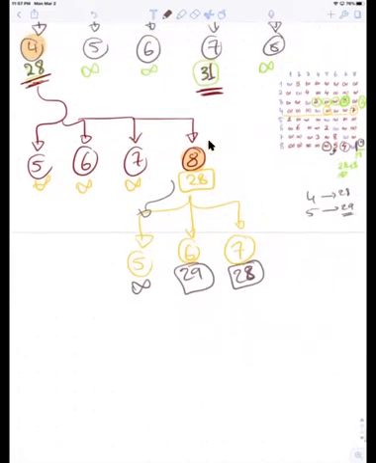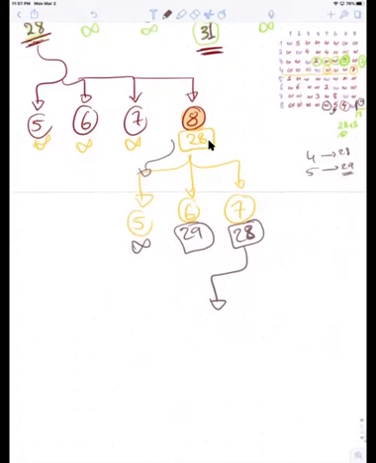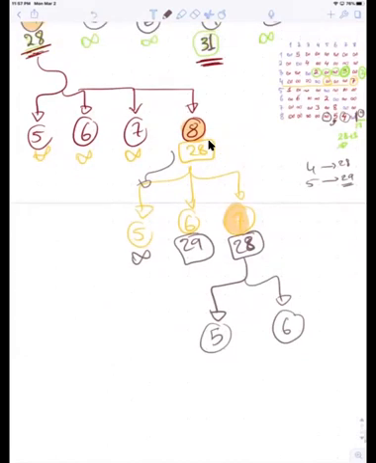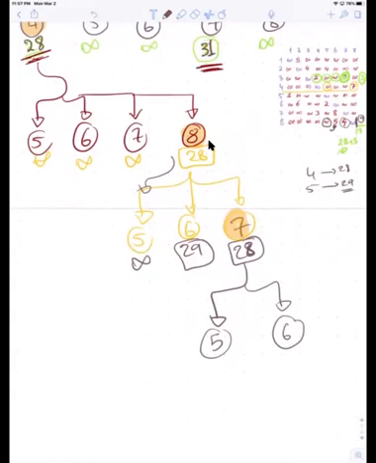Okay, since I'm using best first, I will go explore this one first. Now from 7, I can go to 5 or 6. Now from 7 to 5, this is infinity. And from 7 to 6, this is 8.